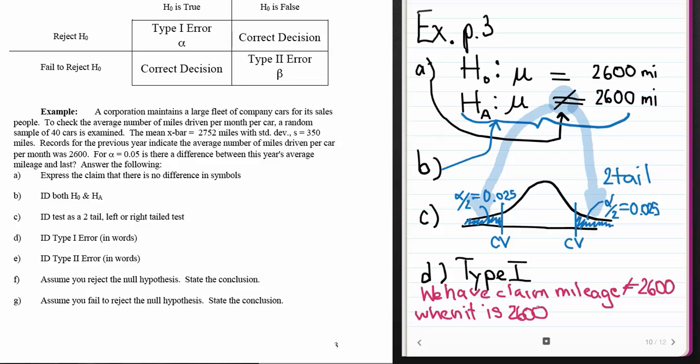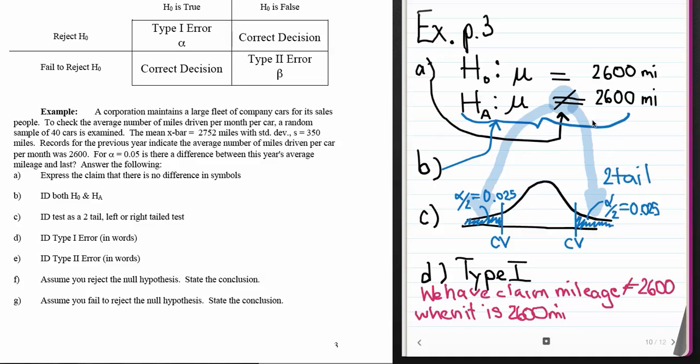And that's what a type 1 error is. A type 1 error is rejecting the null and accepting the alternative when the null is actually true. So 2,600 was actually the case, but we've said no, it's not the case.